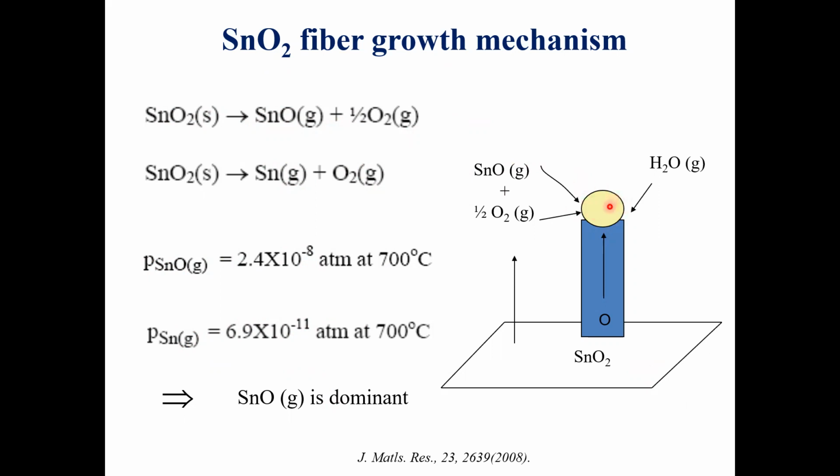and then that tin monoxide vapor is absorbed onto that gold particle on the surface, and then further conversion would be oxidation of tin monoxide to tin dioxide. And we do this in a humid environment, because if we do this in dry hydrogen-nitrogen environment, then tin dioxide would be reduced to metallic tin.